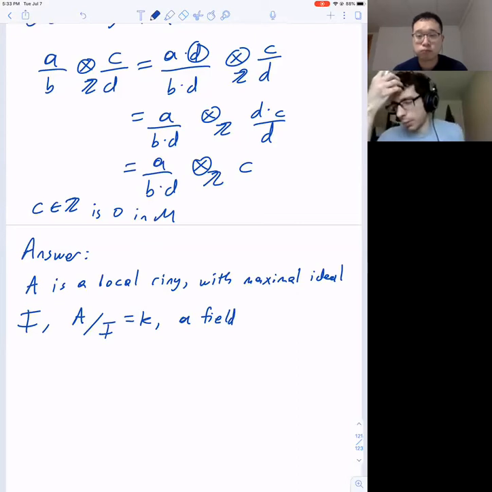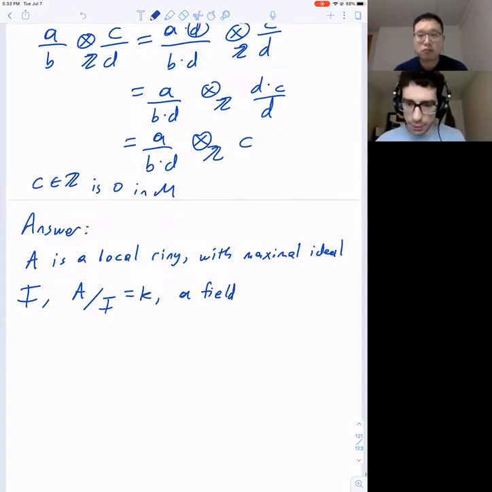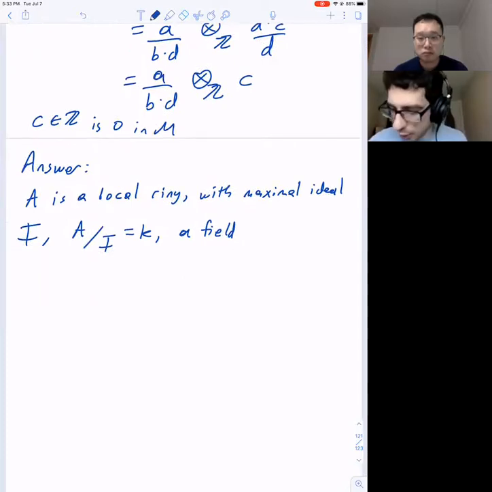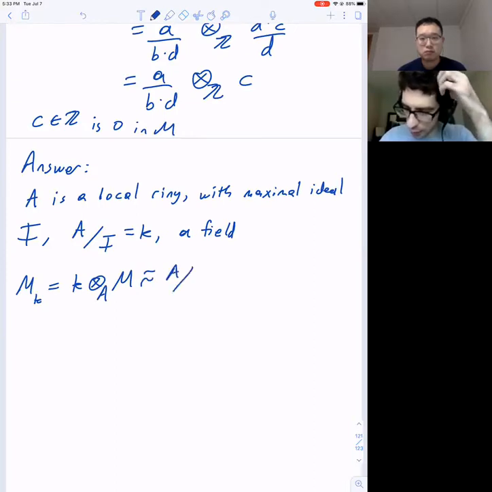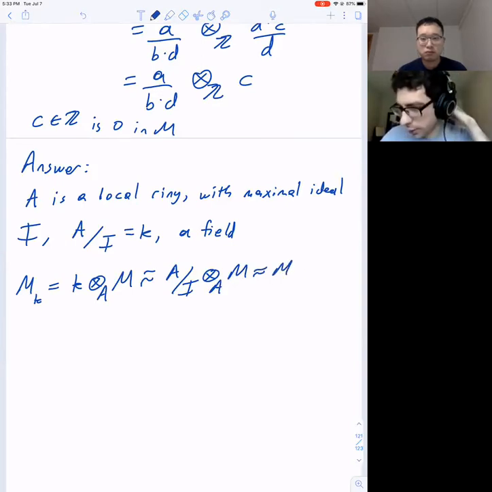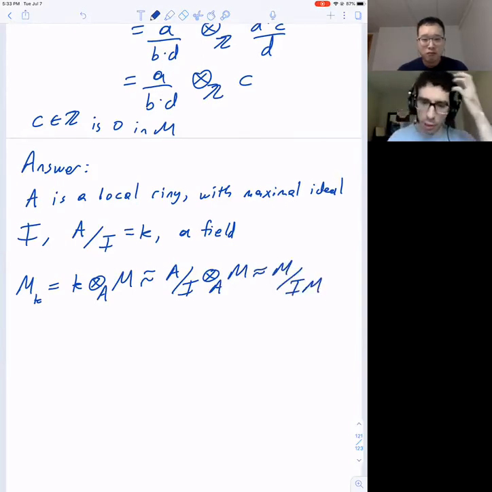So let's say A mod I is K, that's a field, and I'm going to say that M sub K is K tensor product M, but that is A mod I tensor product M. We saw two weeks ago that this is isomorphic to M mod IM. So this is going to be very important in the future.